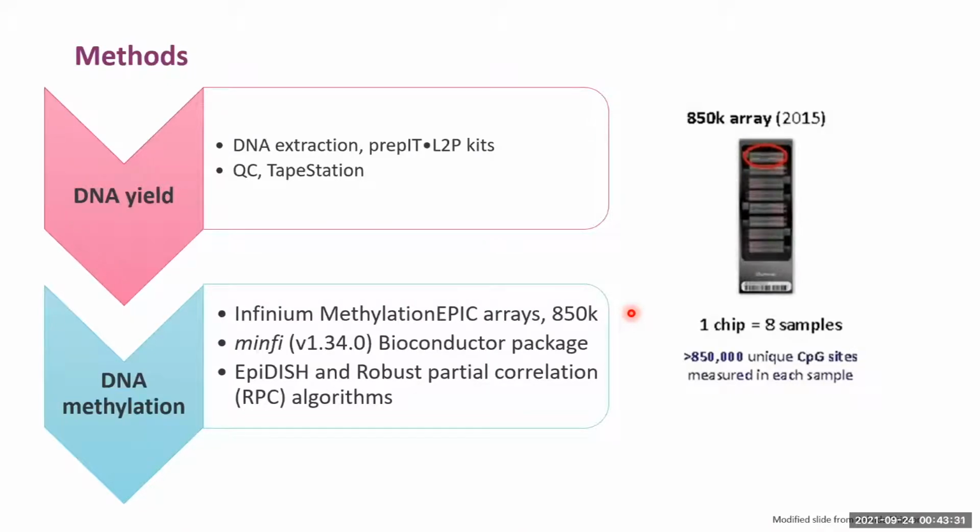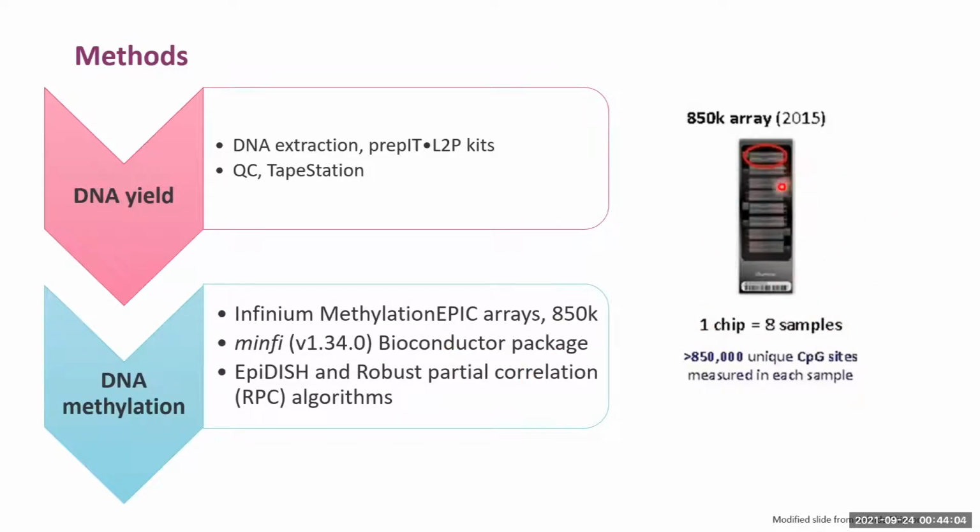Following genomic DNA extraction from all the samples, the DNA was treated with bisulfite to convert unmethylated cytosines into uracils, and uracil is converted into thymine by amplification. Genome-wide analysis of DNA methylation was assessed using the Infinium MethylationEPIC array with probes for over 850,000 methylation sites. So this is an example of the chip.